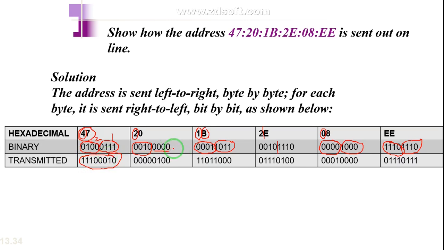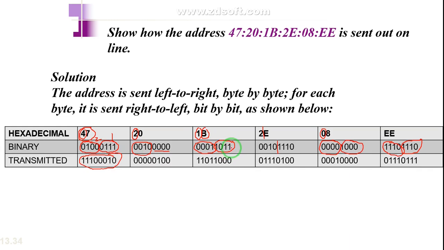For this byte, it is going to be transmitted as 0, then this 0, 0, 0 and 0, 1, 00. Similarly, first this byte has been transmitted.